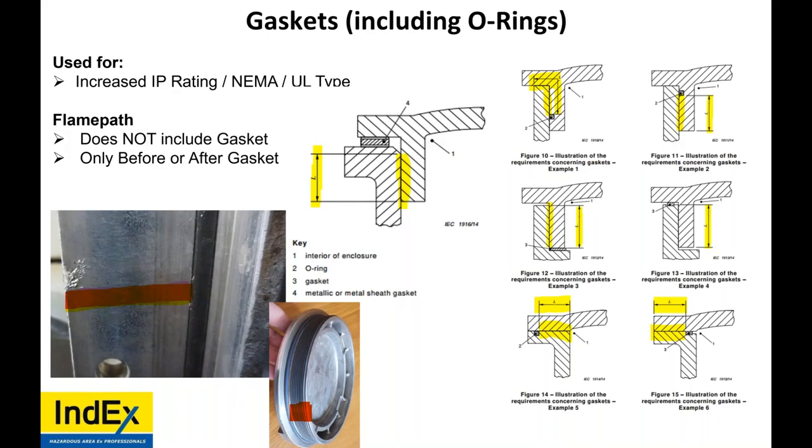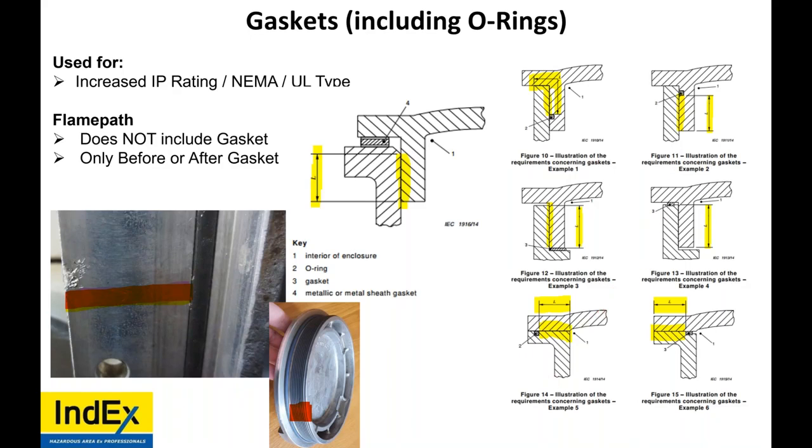So if the area is damaged, is it the flame path or not? We have to know the location of the gasket. Take a look at these images, take a look in the standards.